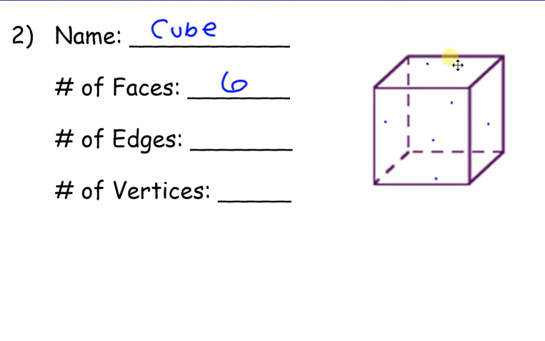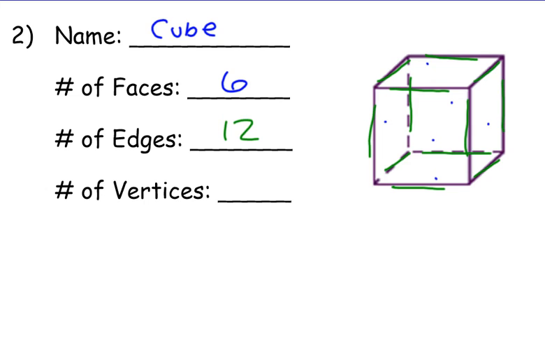How many edges does the cube have? 1, 2, 3, 4, 5, 6, 7, 8, 9, 10, 11, and 12. So 12 edges.